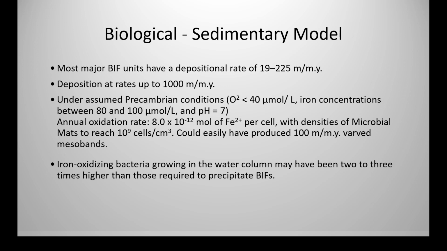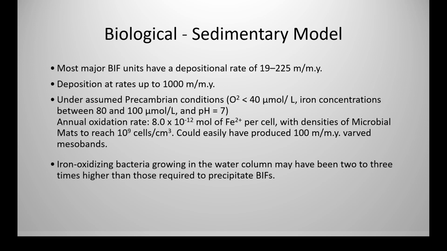Using a standard density of a microbial mat, we can find that there would 100% be an ability for these microbes to produce over 100 meters per million years of these large mesobands. So therefore, it is mathematically proven that these biological cells could produce this much iron.